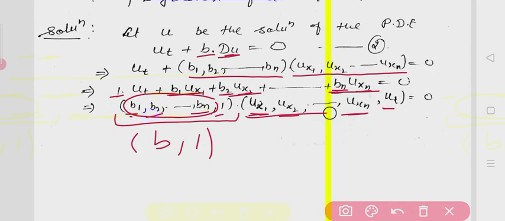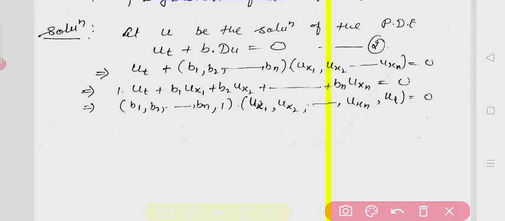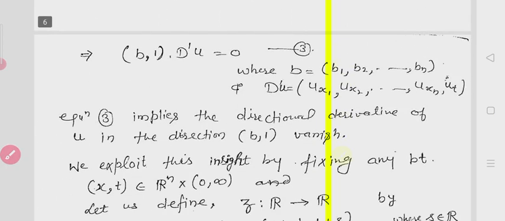If from here to here it was du, but this one, let us give it a name, d dash u, suppose. Okay, so you say that d dash u x is nothing but this whole bracket, right? So we have used this notation here. We are writing this one. So this is not d, this is d dash actually. Okay, so b1 dot d dash u equal to 0. Alright, so what is this one?